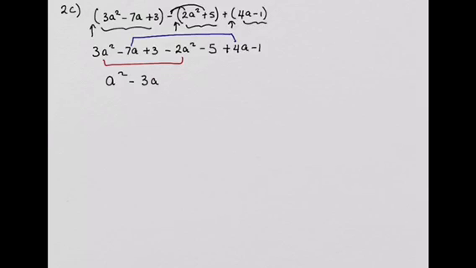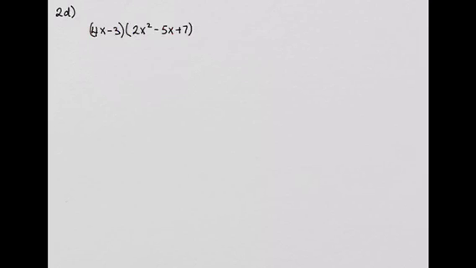And then the constant terms, we have a positive 3, a minus 5, and a minus 1. If I combine positive 3 and minus 5, that gives me negative 2. Negative 2 minus 1 will give me negative 3. And this would be my final answer for part 2c.